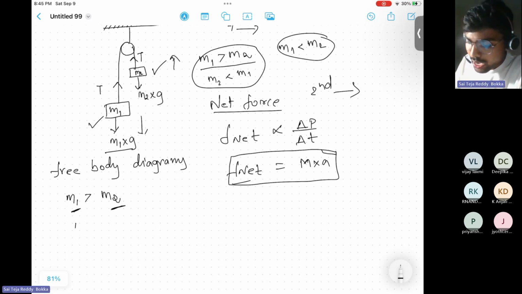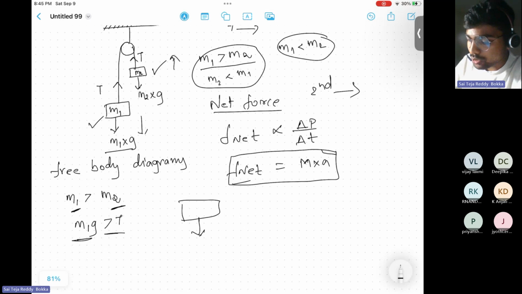So here M1G must be greater than T. M1G must be greater than T. So here we can see the free body diagram. So here the force which is acting downward direction M1G, and in opposite to the direction of this force there is a tension now.